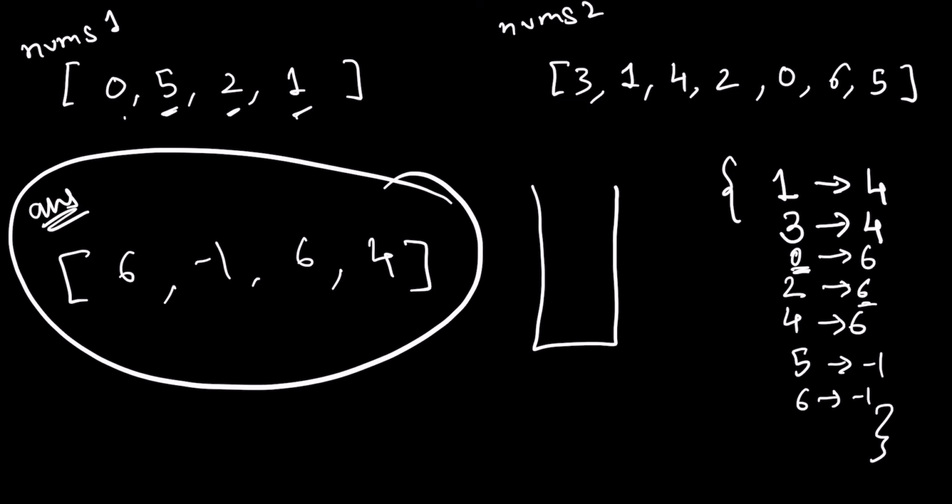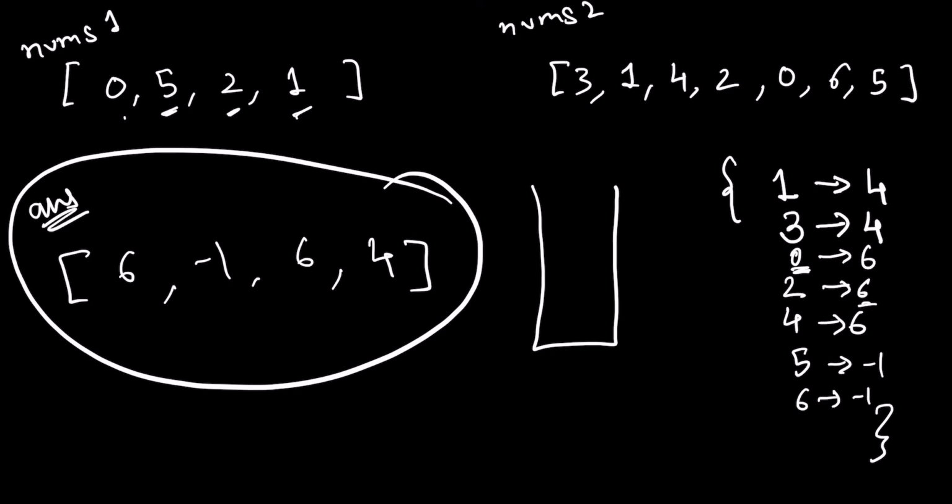Because this dictionary had the next greater elements for all the elements in nums2, and we just had to read out the values after that. Yeah, so that's all. The key part of this algorithm was creating this hash map using the stack, and how we use the stack to actually do that.